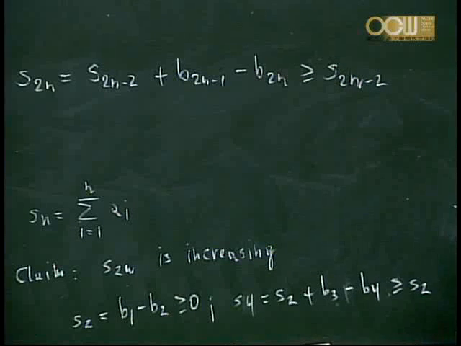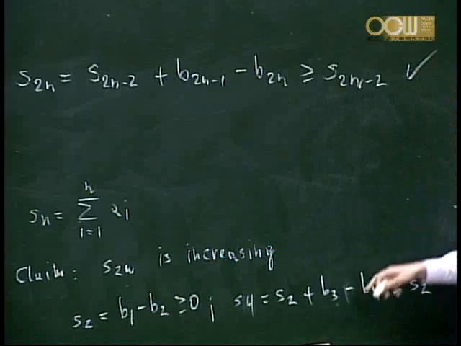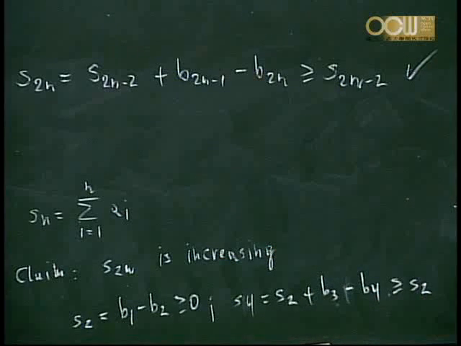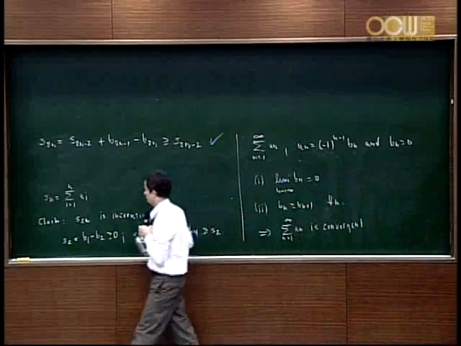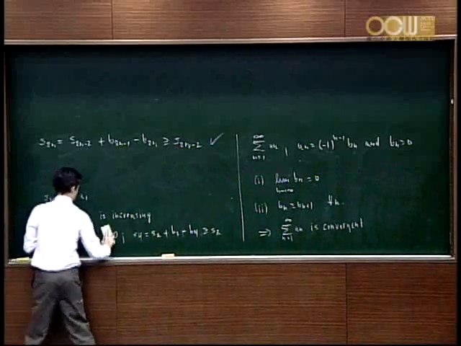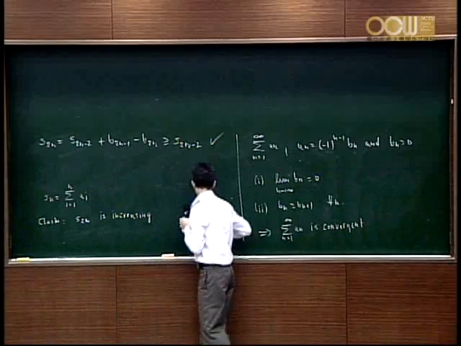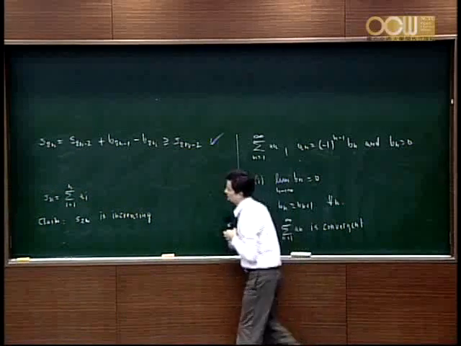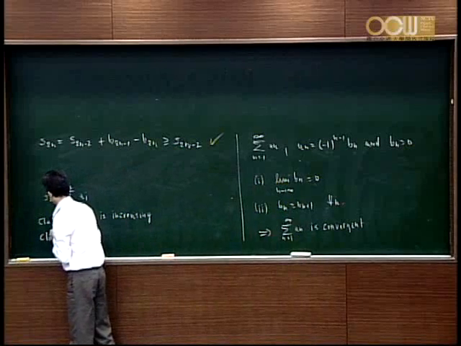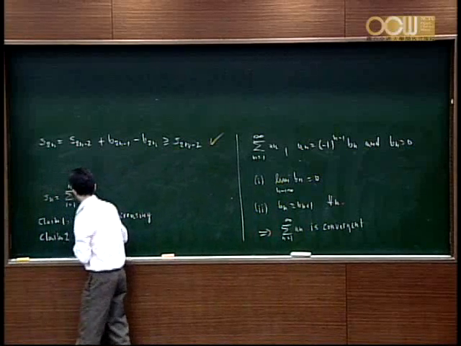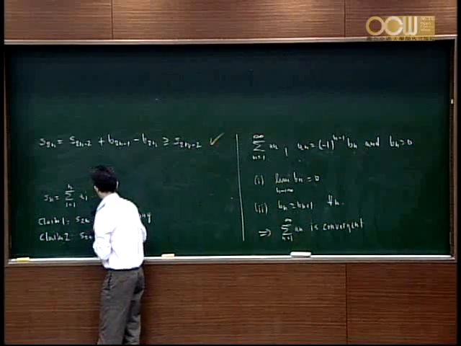So from here you get the conclusion: S2n is increasing. So this was the first step, this is the first claim, claim 1. Now claim 2, S2n is bounded.